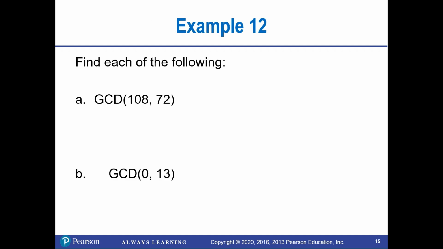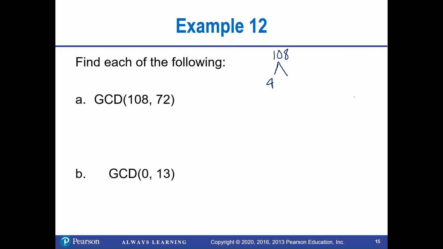Let's use that prime factorization method to find the greatest common divisor of 108 and 72. So first, I would need to find the prime factorization of 108 and 72. If I use a factor tree method to do that, for 108, I know it's divisible by 4 because the last two digits are divisible by 4.